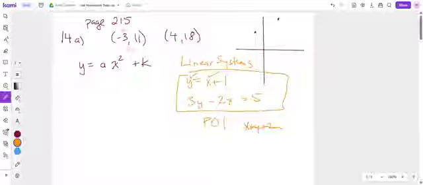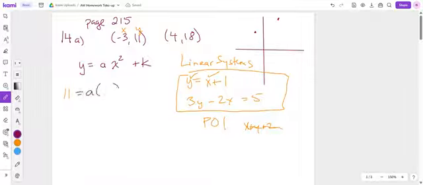Now, what can I do with this? Well, if I have a point, this is my x, this is my y. So how would I sub this into this equation? Instead of y, I would write 11 equals a. Instead of x, I would write negative 3.